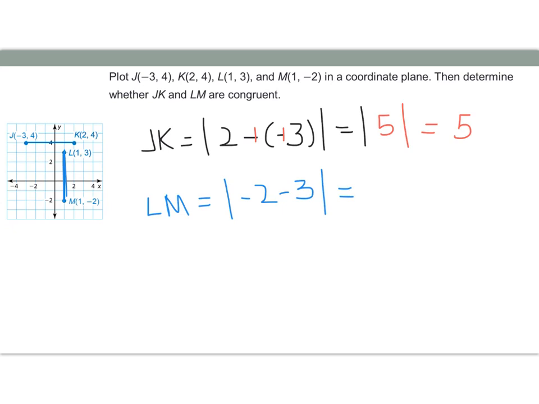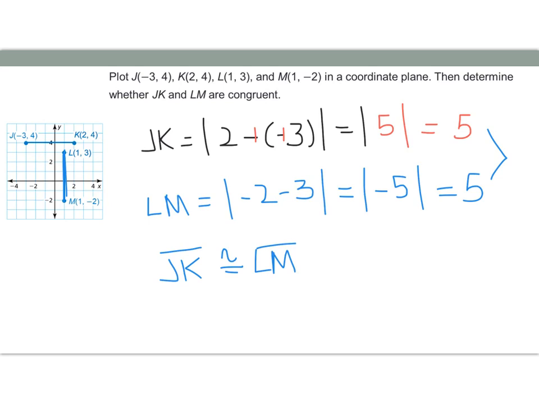The absolute value of -2 minus 3 is -5, and the absolute value is going to give me a positive 5. So I can see that these two numbers are the same, and that tells me then that JK is congruent to LM. And again, JK being congruent to LM just means that they're the same length.